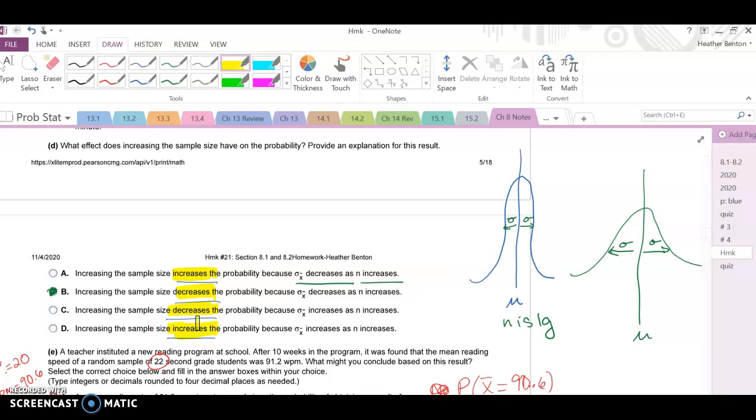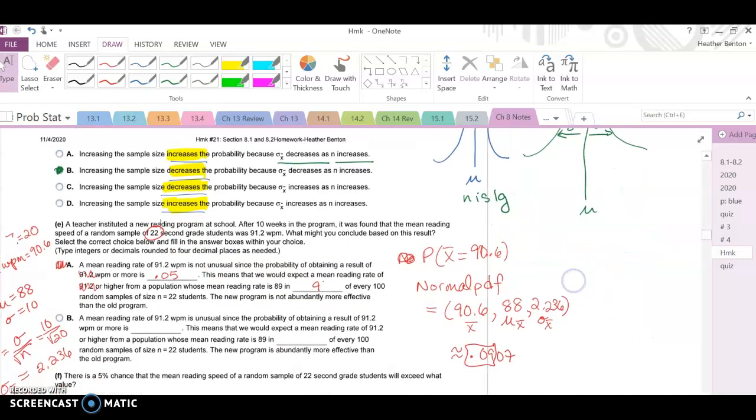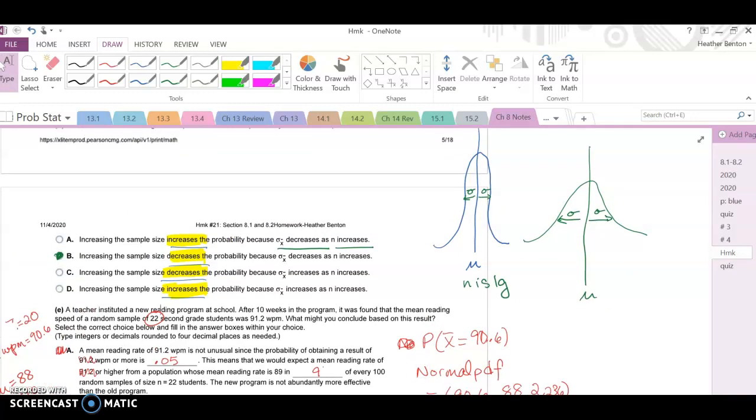We talked about in class the other day that when n is large, your standard deviation gets smaller, and when n is small, then your standard deviation is larger. You're going to have a wider, flatter curve, versus if your n is large, then your bell curve is going to be skinnier.